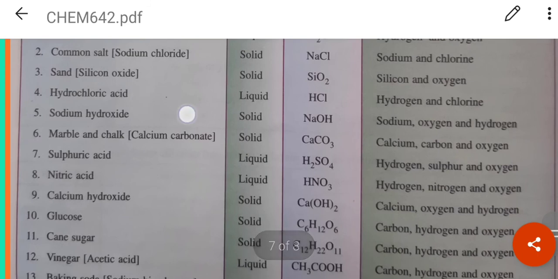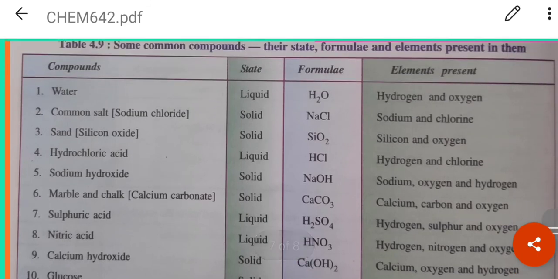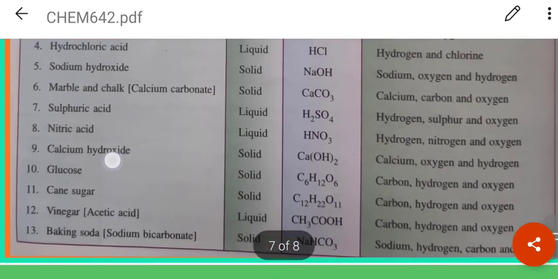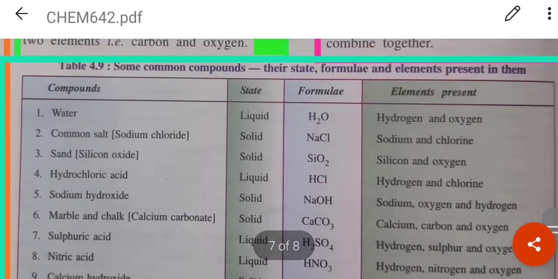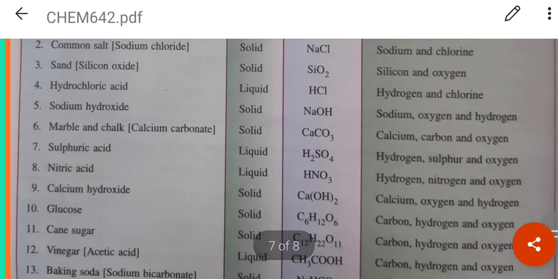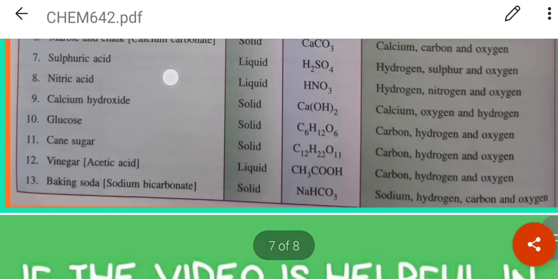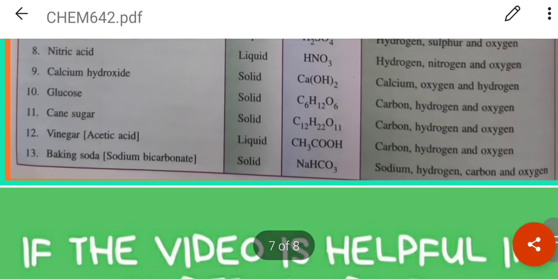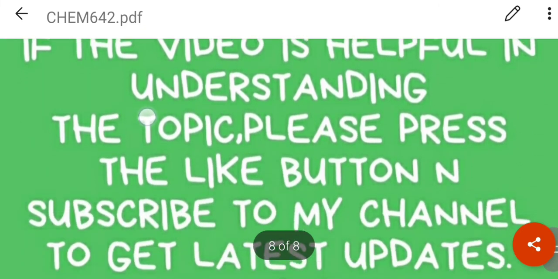You don't have to learn by heart the formulae of all the compounds as shown in this table, but you have to at least remember the formula of some common compounds, and by seeing the formula you must be able to tell the names of the elements present in it. Thank you.